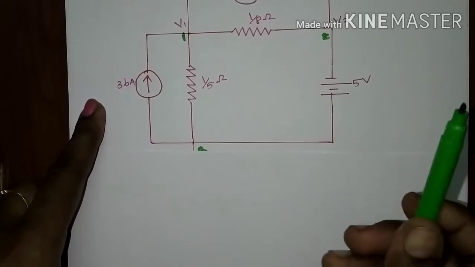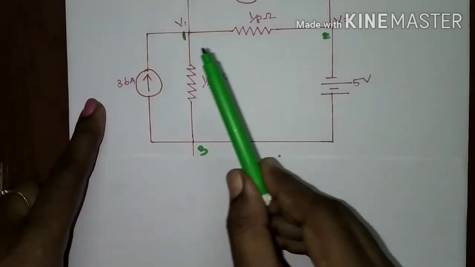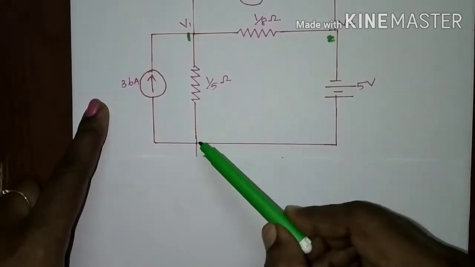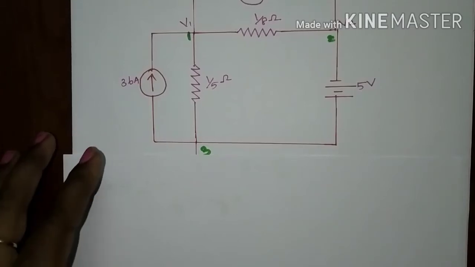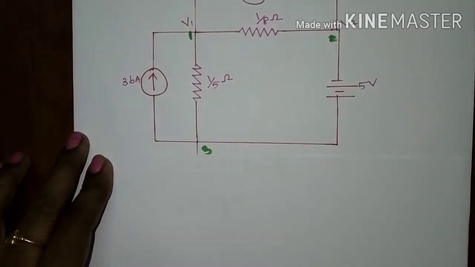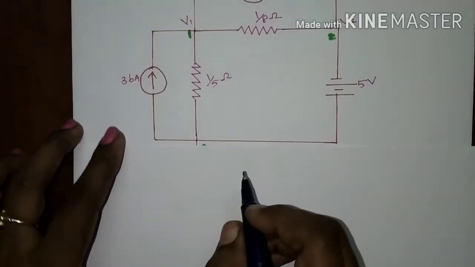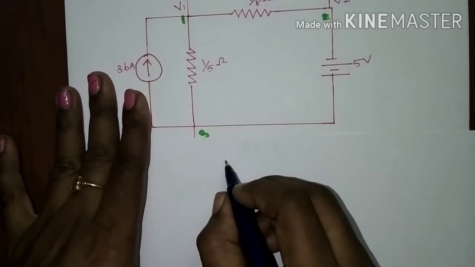In node voltage analysis, first you have to find the number of principal nodes. Here the principal nodes are 1, 2 and 3. Take any one of the nodes as a reference. Here in the picture they have taken node 3 as the grounded reference node. The node equations are written according to KCL and Ohm's law.